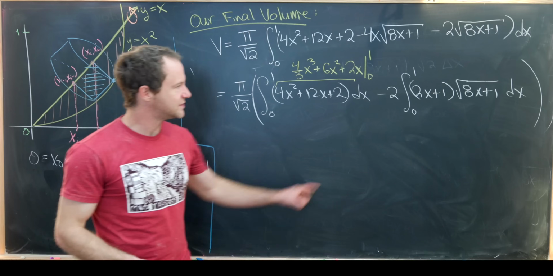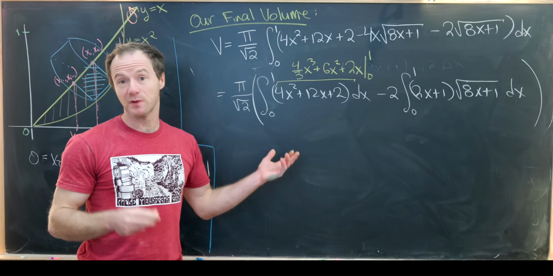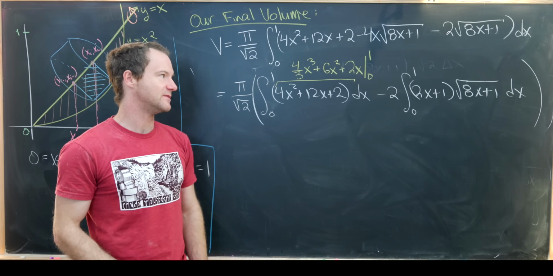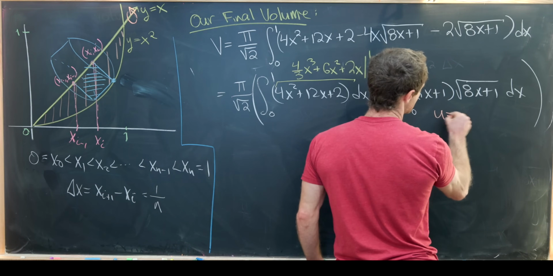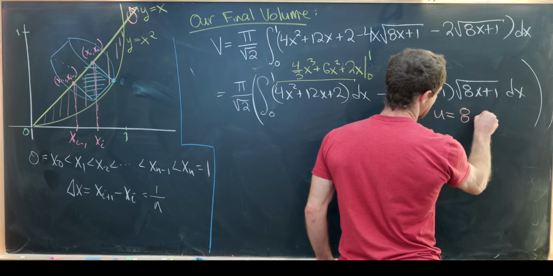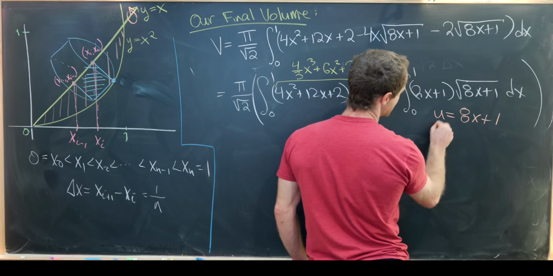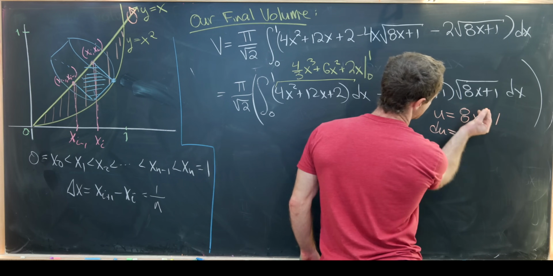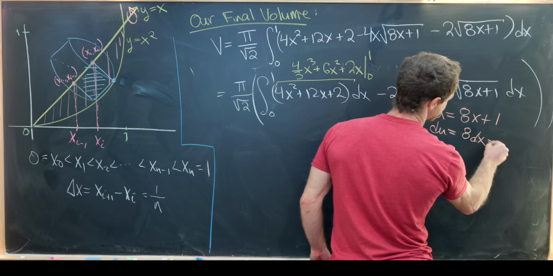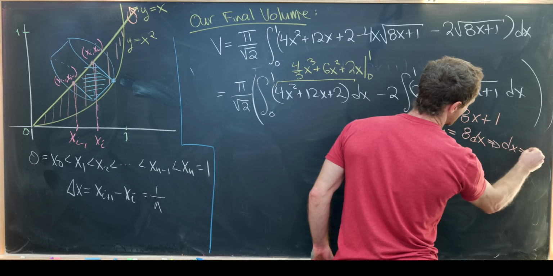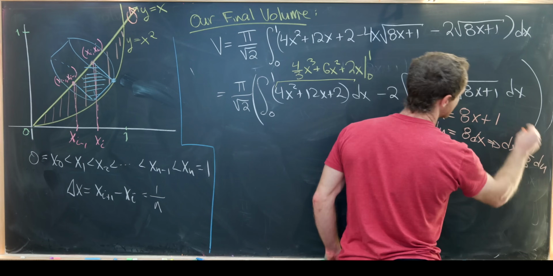And then what do we need to do on this last bit? I think there's probably a couple of strategies here. I would maybe use a u substitution. So let's take u and set it equal to 8x plus 1. That means du is equal to 8 dx, which tells us that dx is equal to 1/8 du.